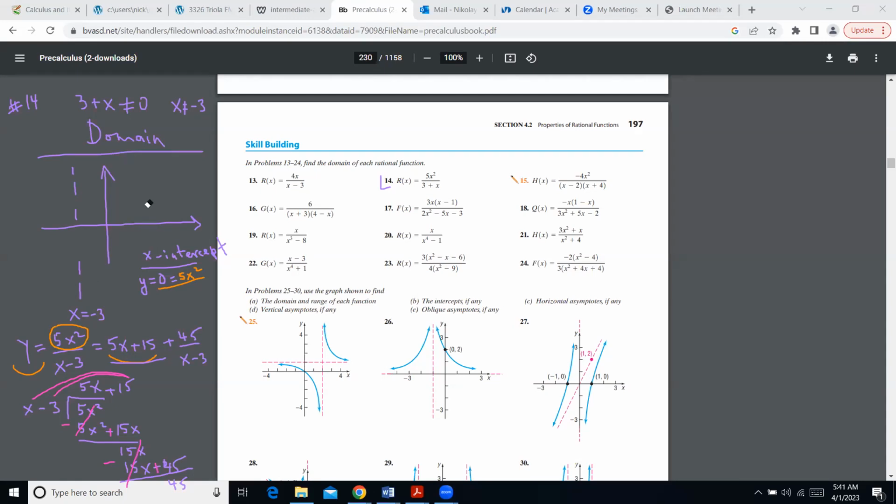See, it is important to actually put the correct location for the asymptote. Let me double check what I did. 3x and then 15, and yeah, I think I did it. Looks schematically correct.